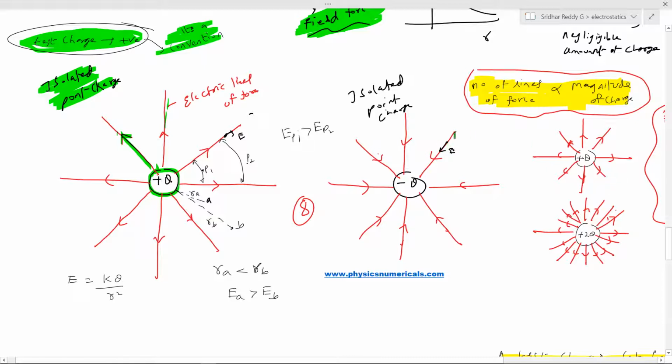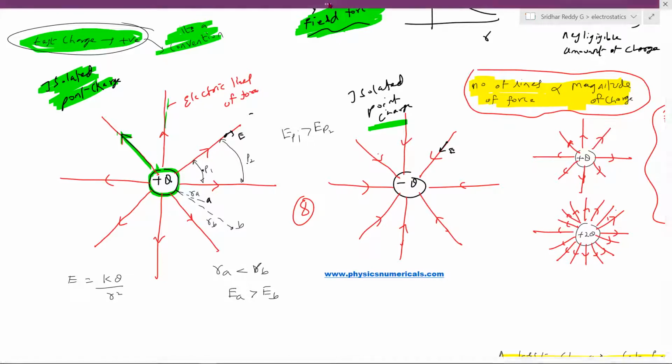And for a negative point charge, we'll see. If I keep a test charge, in what direction will it experience force? Towards the point charge Q. Therefore, how will the lines of force be directed for an isolated negative point charge? Radially inward.